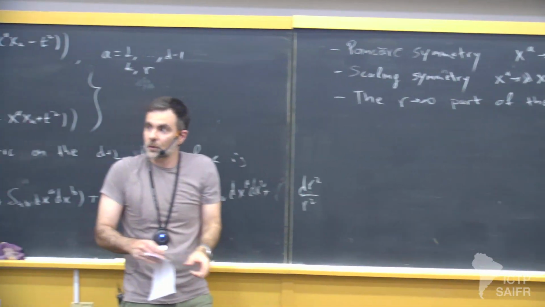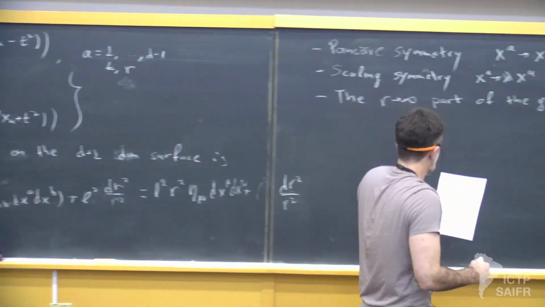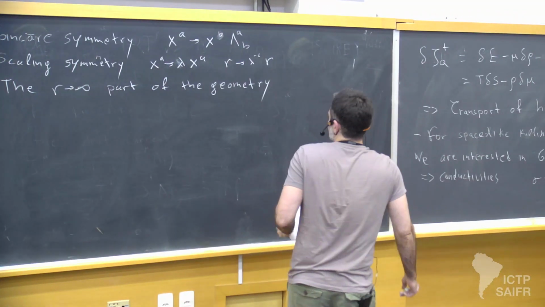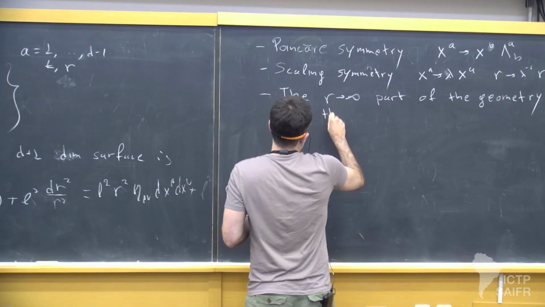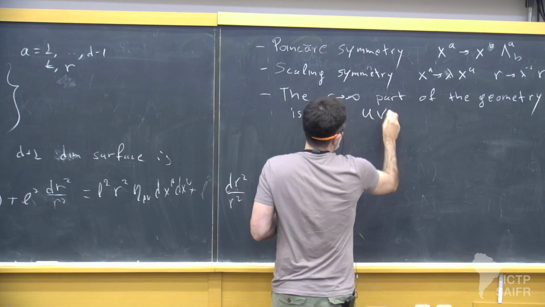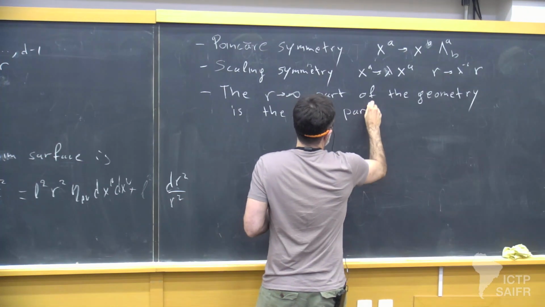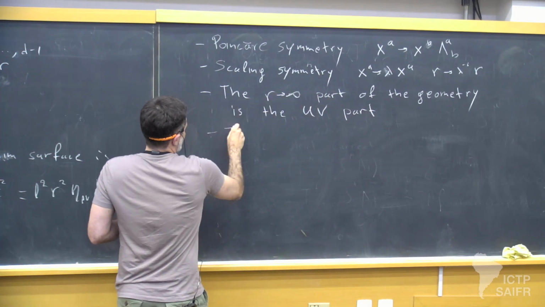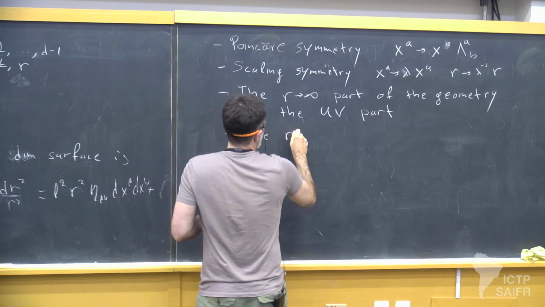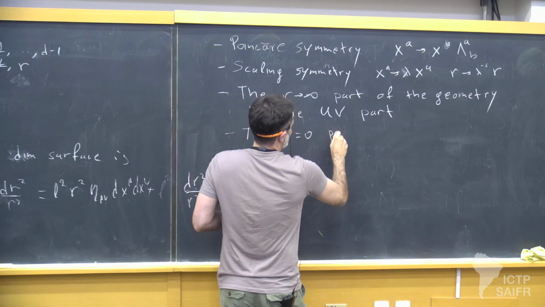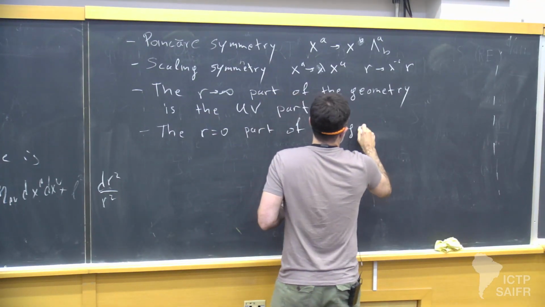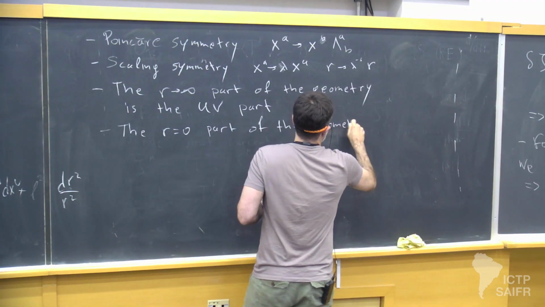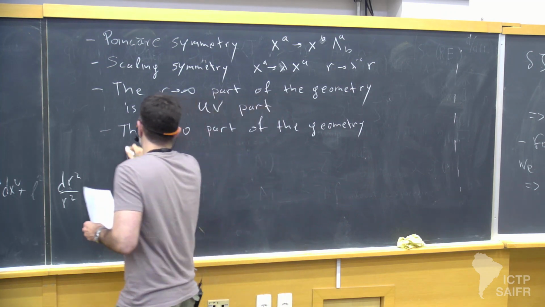So that could correspond to small distances. So the R goes to infinity part of the geometry is the UV part of the theory, corresponds to the UV. And in the opposite way, the R goes to 0 limit is the infrared.